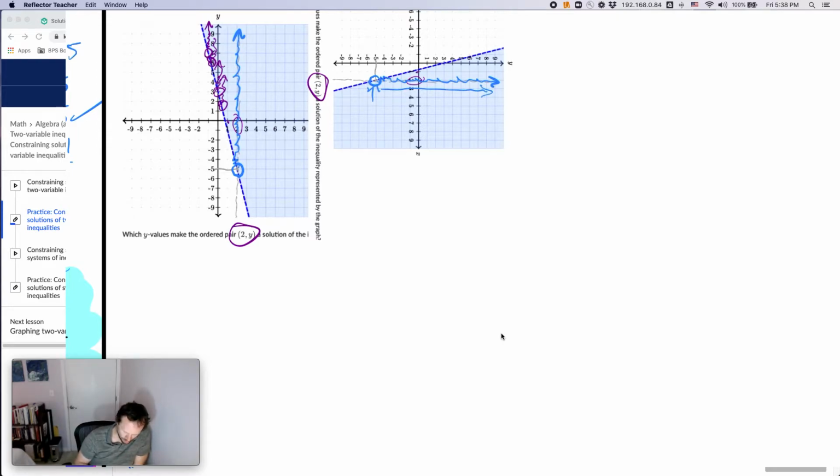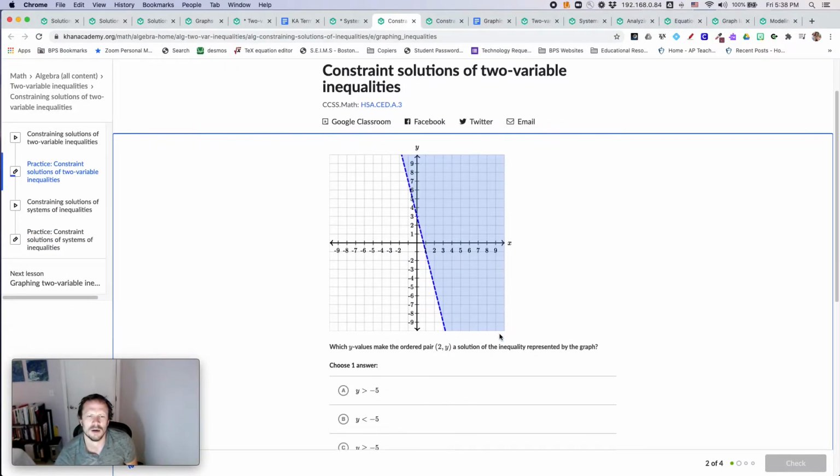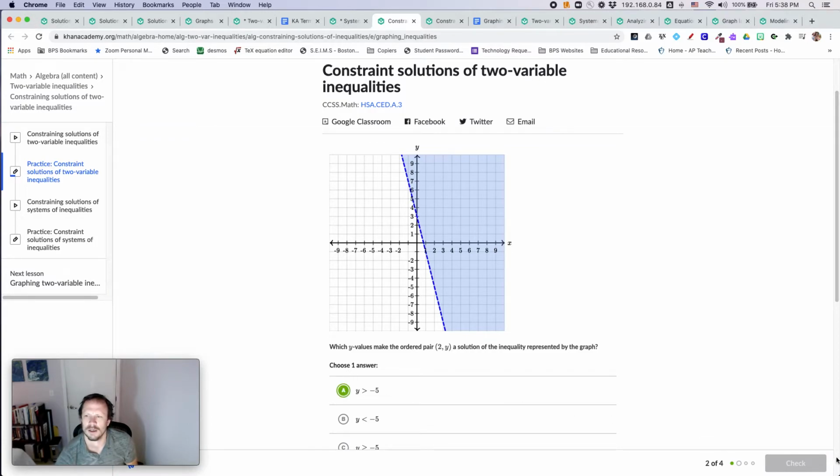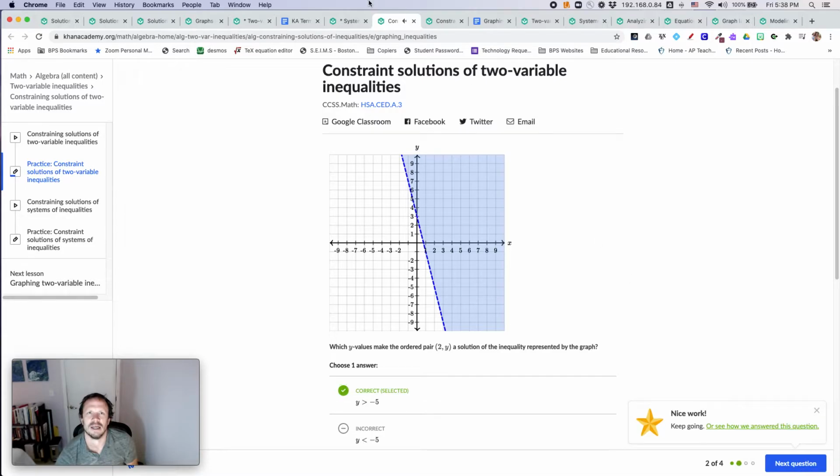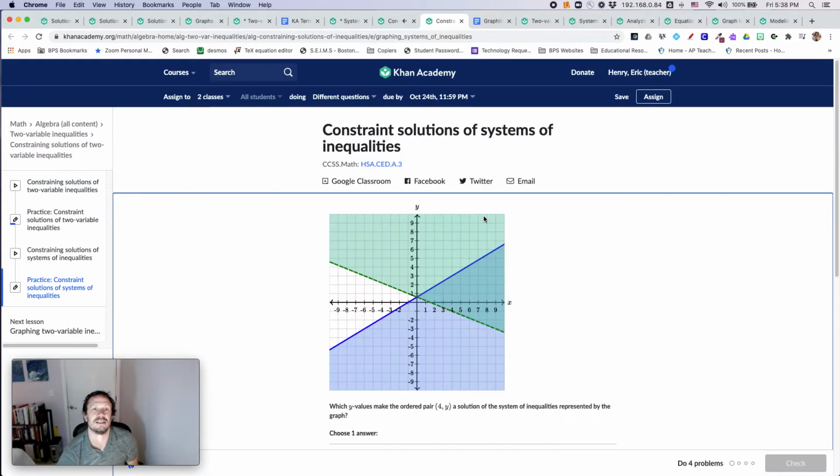So our y values are greater than -5. And so we go back to Khan Academy and we look for y greater than -5. And we get it. The next exercise, our final one, another constraint solutions.